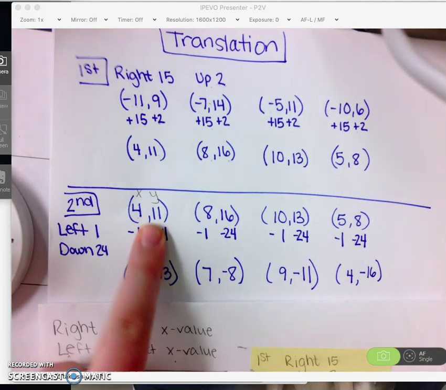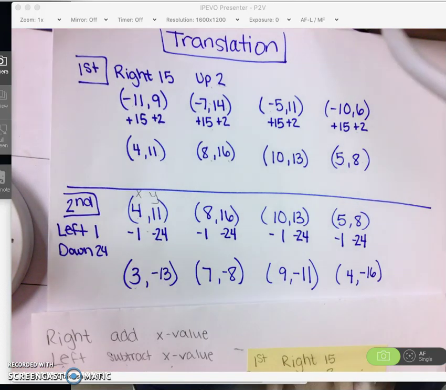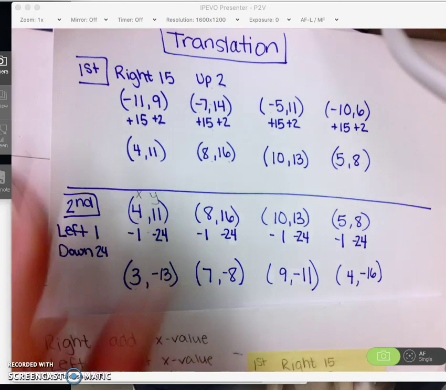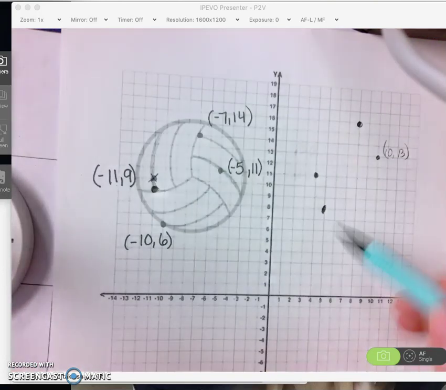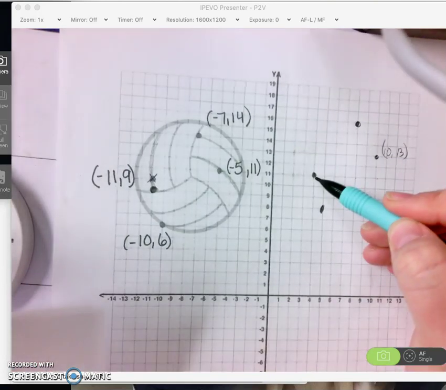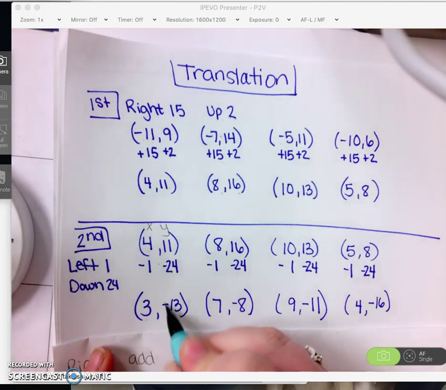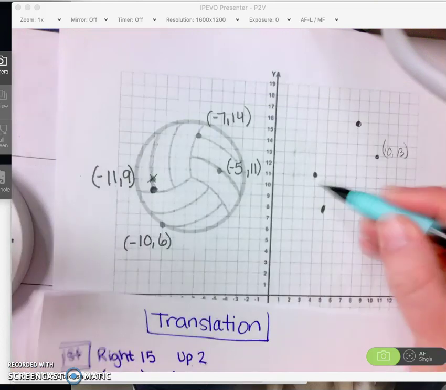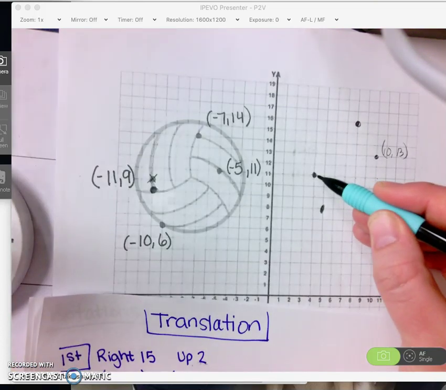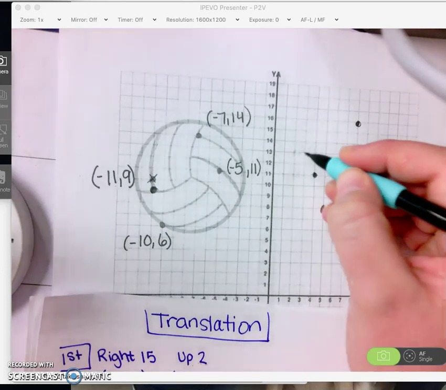Now, some people, when we're doing this math, might get messed up. And what I would say to that is, go to your graph. I was at my 4, 11 one, and say my answer here is a positive 13, and I accidentally messed up my math. So I'm going to go plot my new points. This point here is my 4, 11, and it's going to 3 and up to 13.